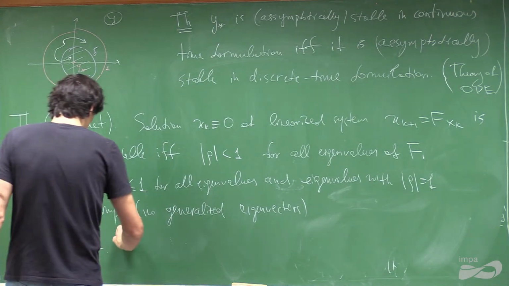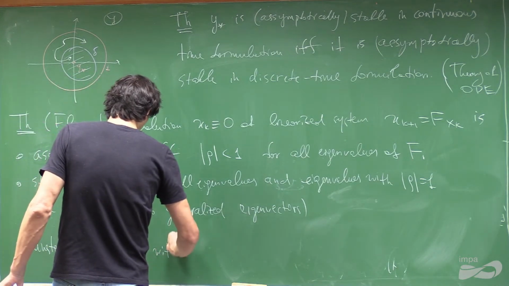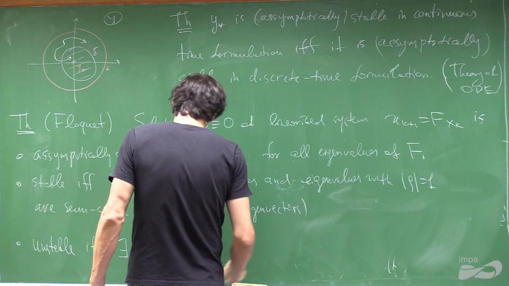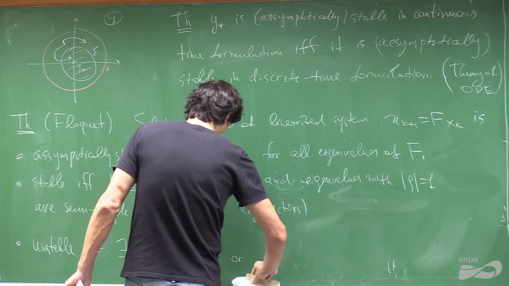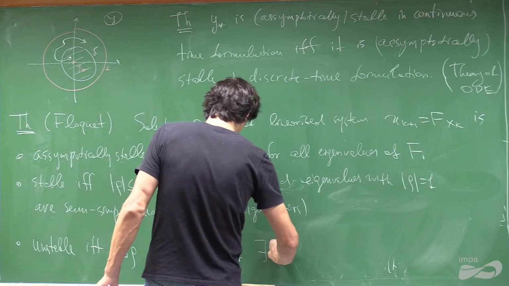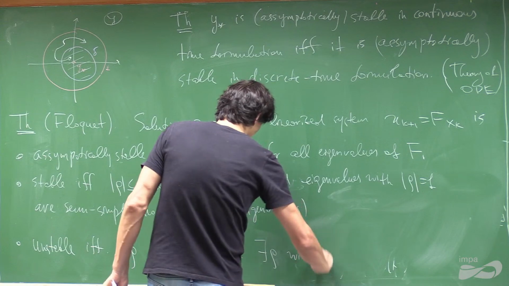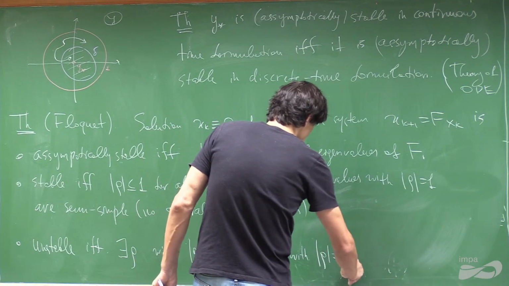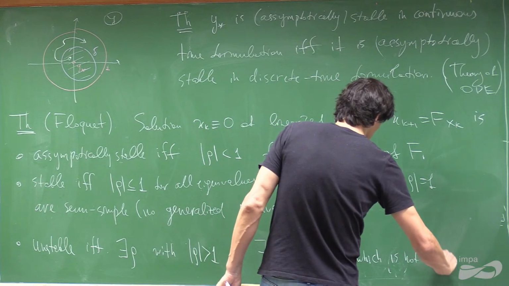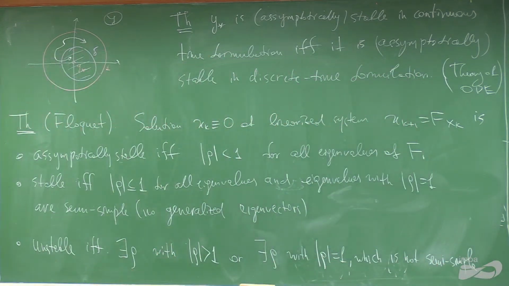So if and only if there exists an eigenvalue with absolute value bigger than 1, or there exists an eigenvalue with absolute value equal to 1 which is not semi-simple. So there is a generalized eigenvector.